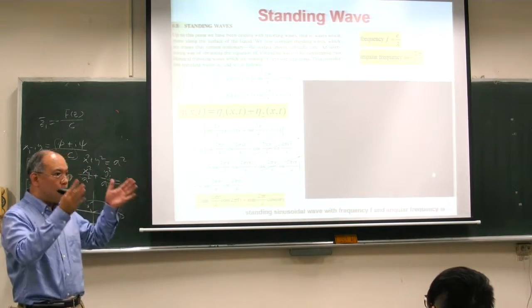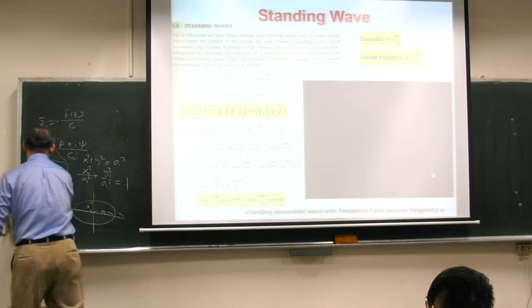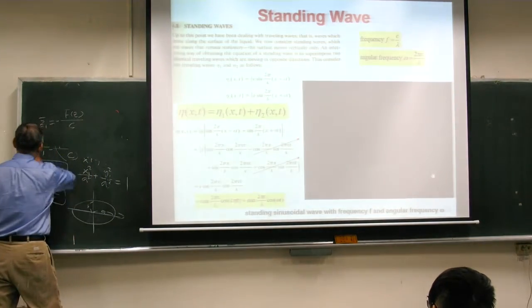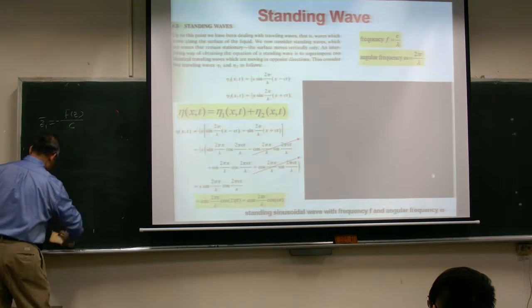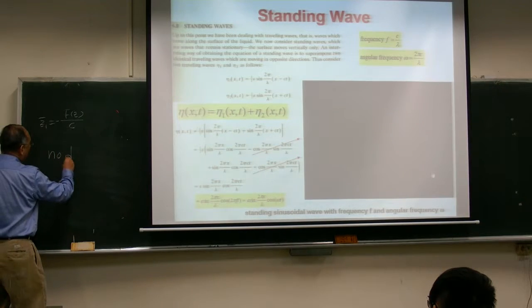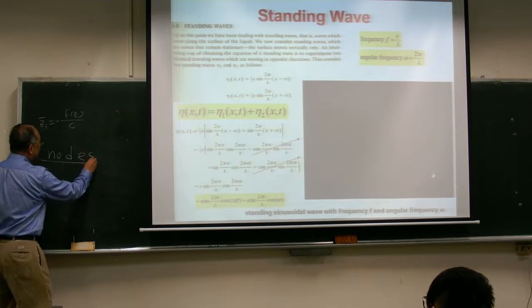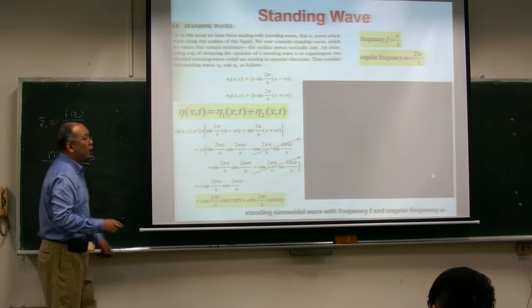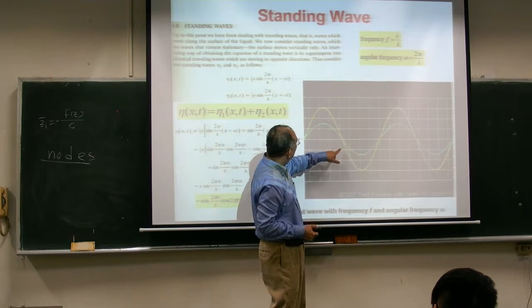The standing wave has very specific so-called node points. Because this is a node, at this node point, the velocity or the amplitude will be equal to 0.